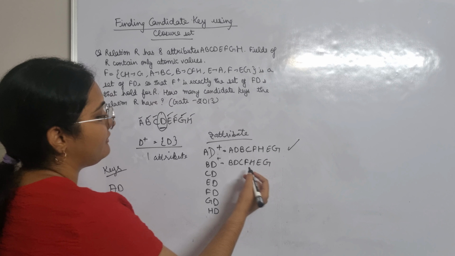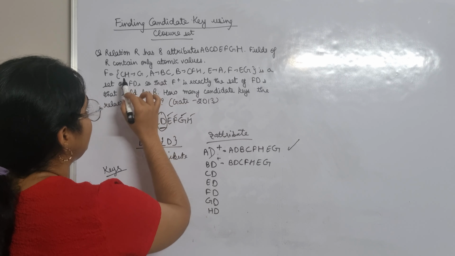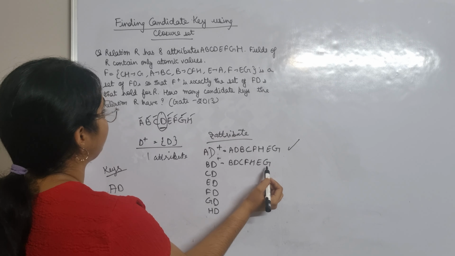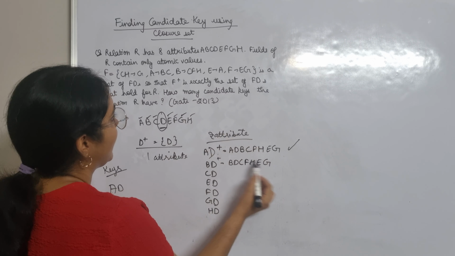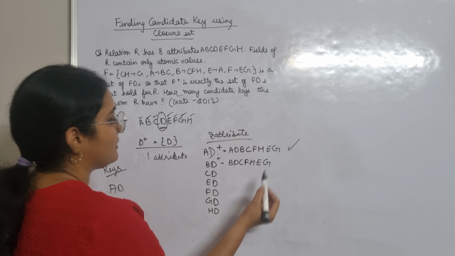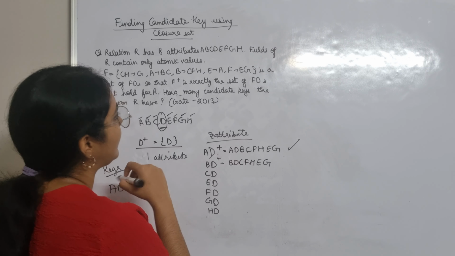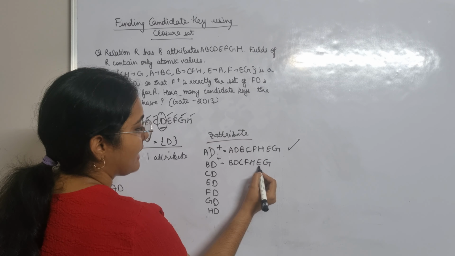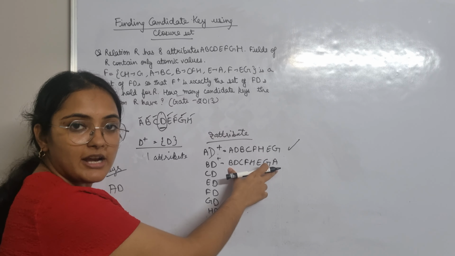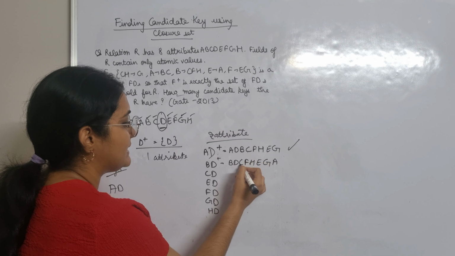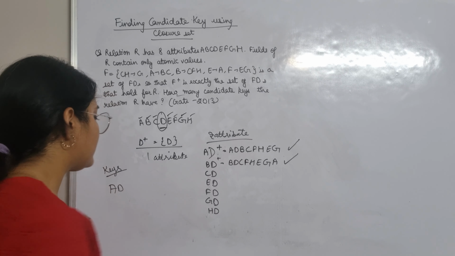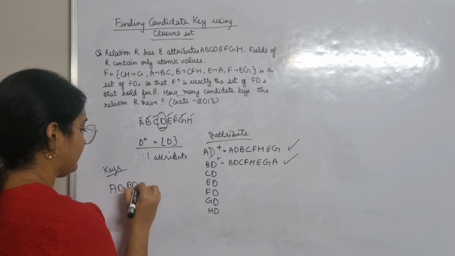F determines E and G. Now CH determines G. CH we have, determines G. G we already have. A determines BC. Do we have A? No. B determines CFH, we already have. E determines A. E we have now, and it can determine A. Now we have the set of all attributes: A, B, C, D, E, F, G, H. Done. So this is also a candidate key.